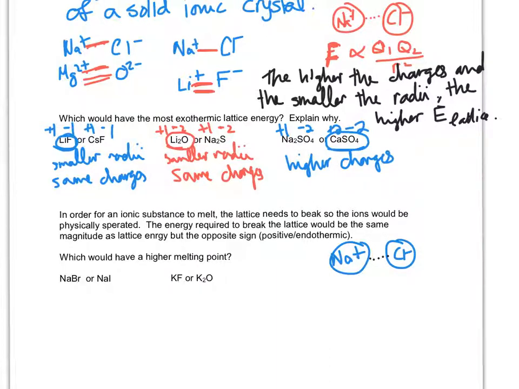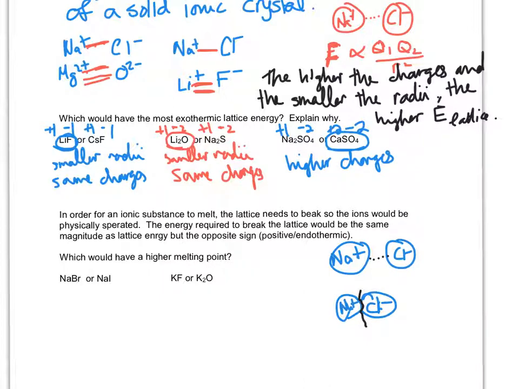If I already have my Na pluses and Cl minuses already as a solid, and I'm trying to break that crystal so my ions would dissociate, then that would be the same lattice energy, but this time because I'm breaking that crystal, I have to put in energy, so it's the same magnitude, but the opposite sign, it'll be endothermic.